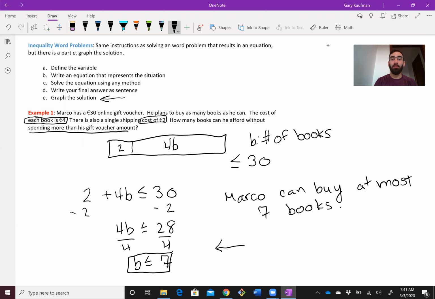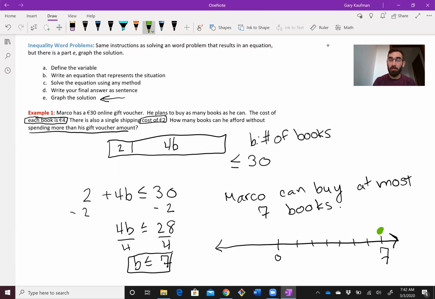Now I go and graph it. Graphing a word problem is a little different because you have to take the context into account. 1, 2, 3, 4, 5, 6, 7. And here is the context. Now, B is less than or equal to 7. So that means I need a closed circle at 7.